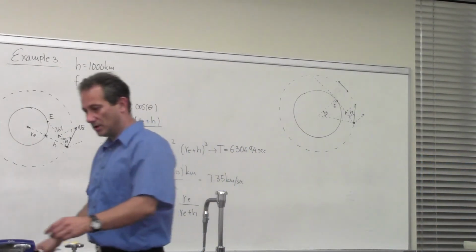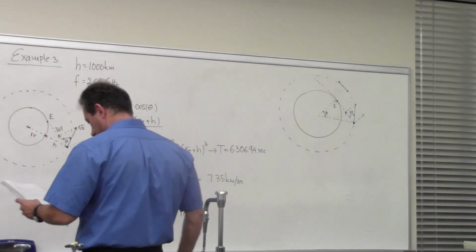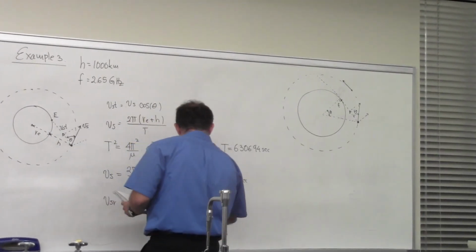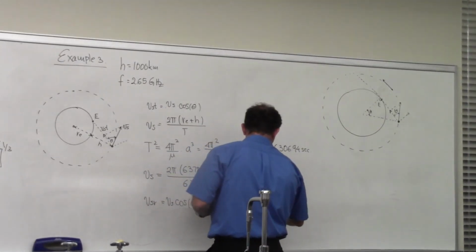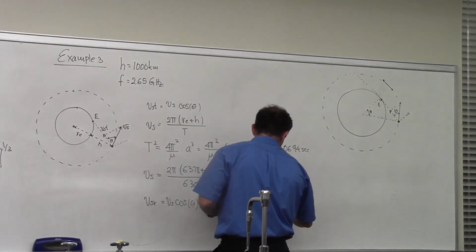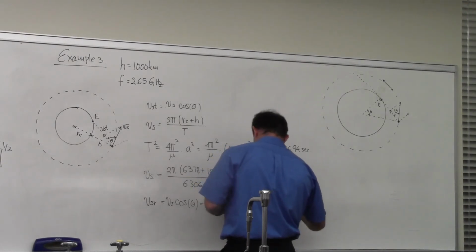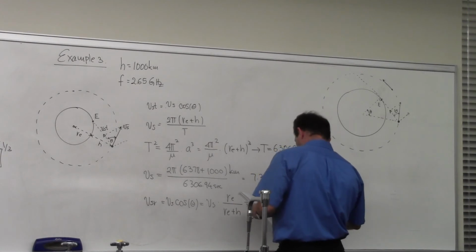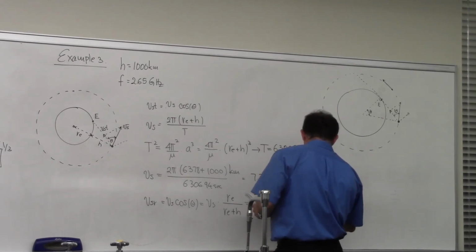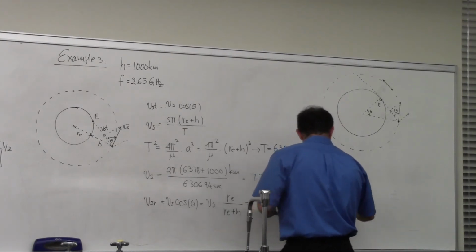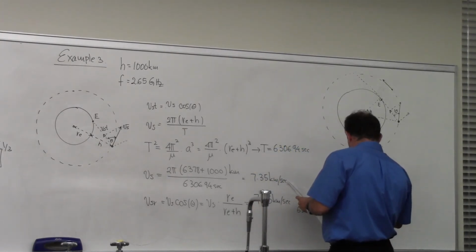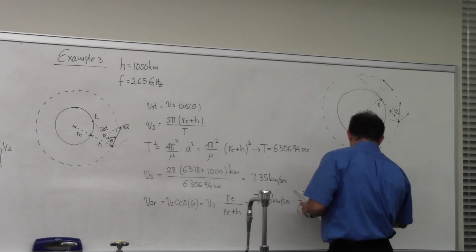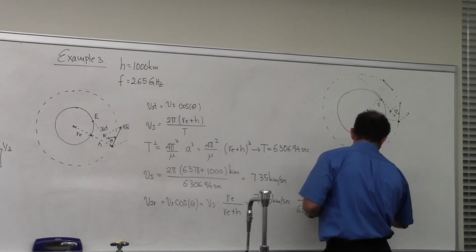So when you substitute the values here, this ends up being 7.35 kilometers per second, times 6378 divided by (6378 plus 1,000). And this gives you 6.854 kilometers per second.